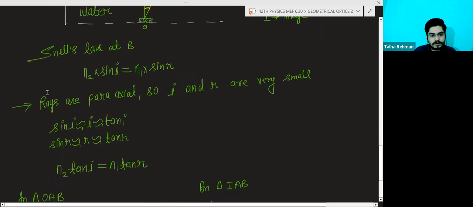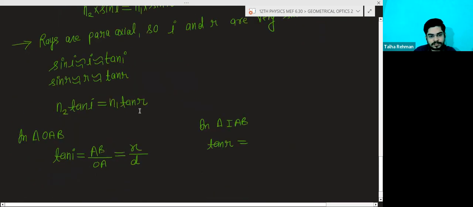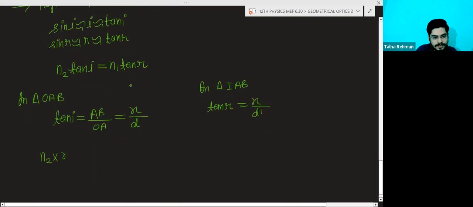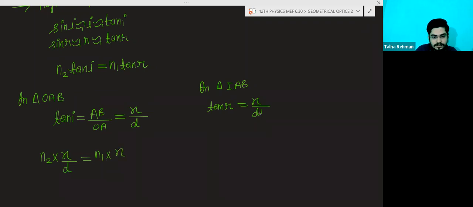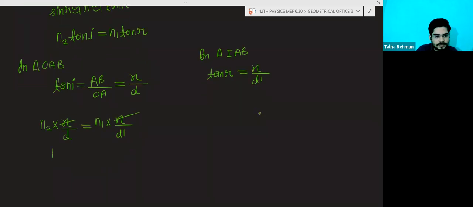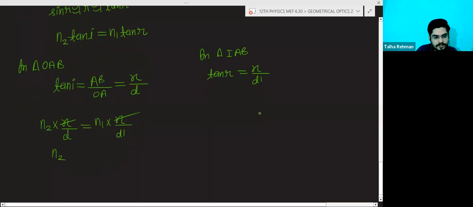Now put the value of tan I and tan R in this equation. N2 tan I is x divided by d, and N1 tan R is x divided by d dash. This x and x will be cancelled out. So you will have N2 by N1 equal to d by d dash. And what is d by d dash?